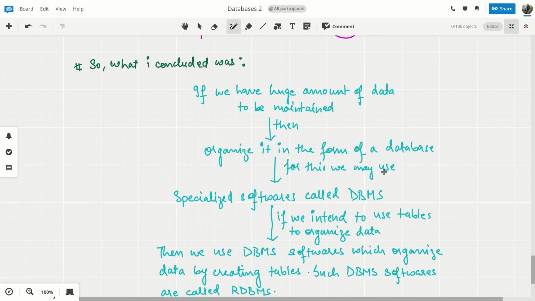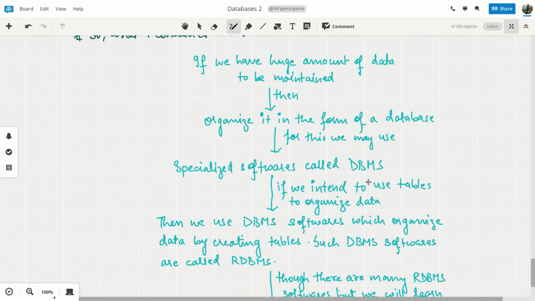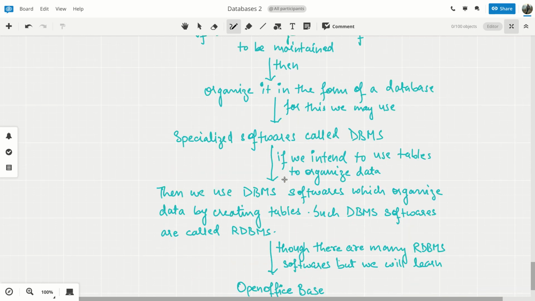And for this, we'll not maintain some papers and record books. Rather, we'll use some specialized softwares which help you manage your database, and they are known as DBMS. And further, if we would like to have our database organized in the form of tables, we will go for the DBMS softwares which help you organize your database by creating tables. And such DBMS softwares we will be calling RDBMS softwares.